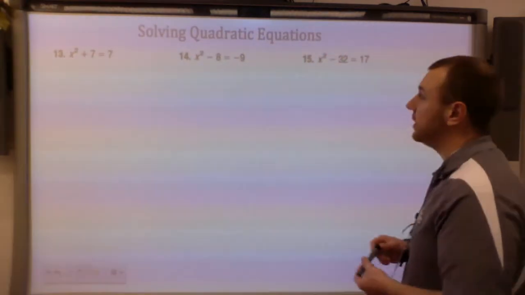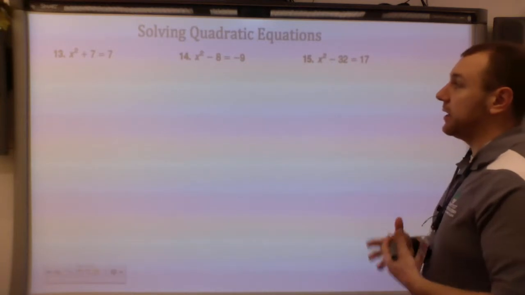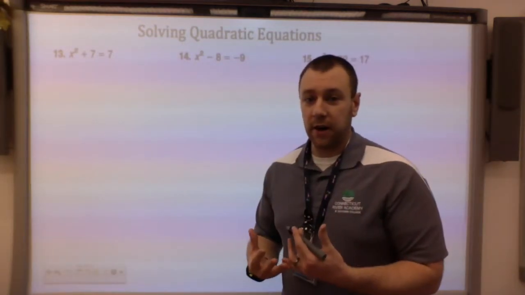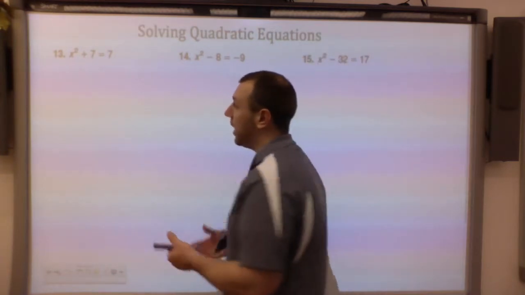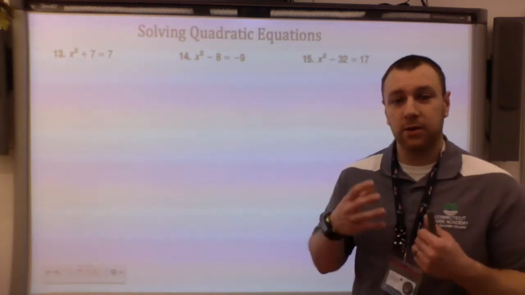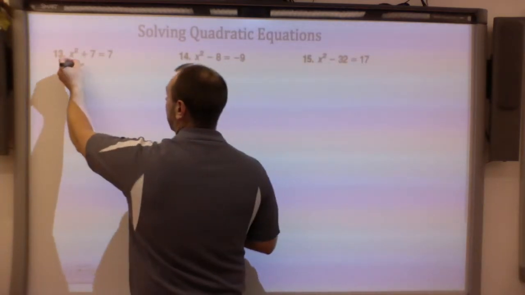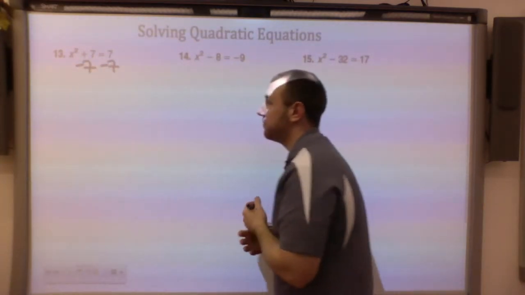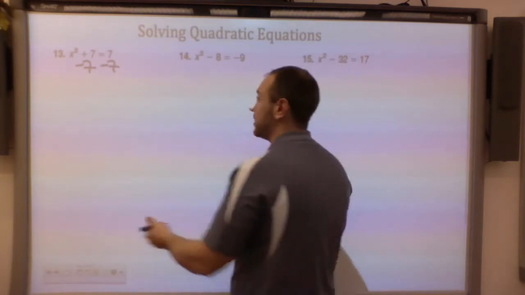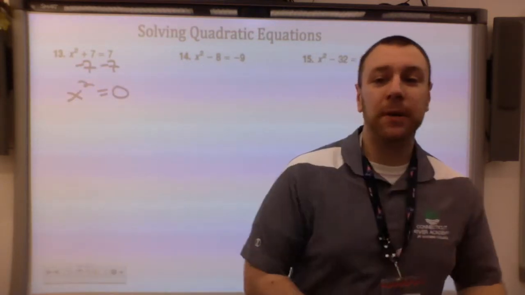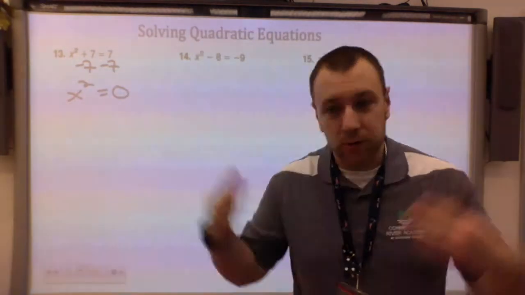So the rest of these are all about recognizing and solving, isolating that variable. Now, I often have trouble because of simple things like this. I'm going to subtract 7 from both sides. X squared equals 0. So many people think that there are no zeros everywhere.